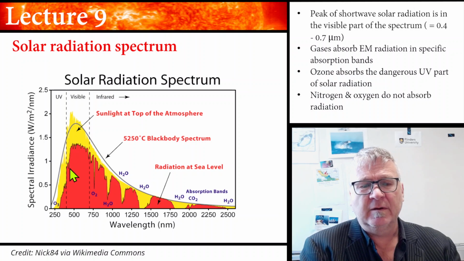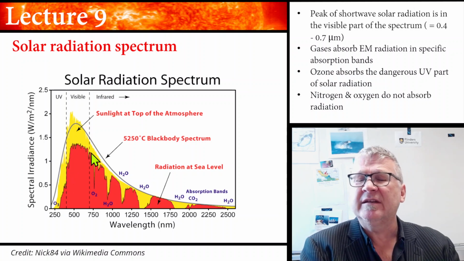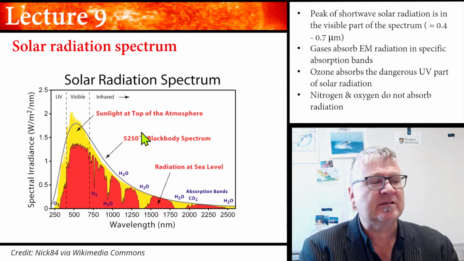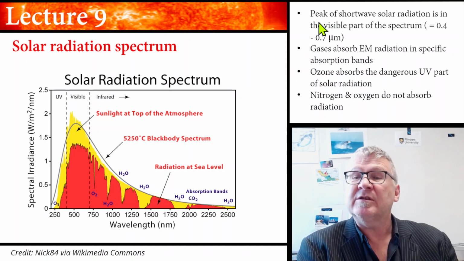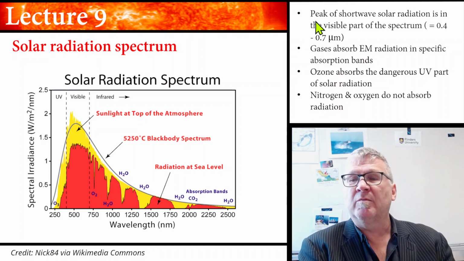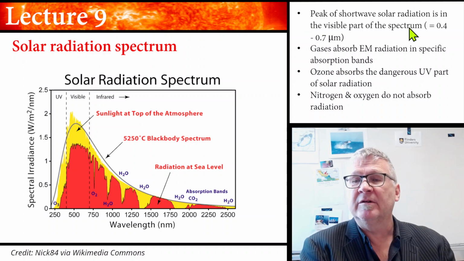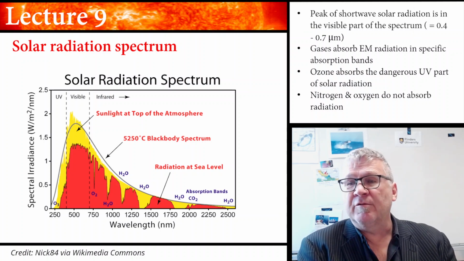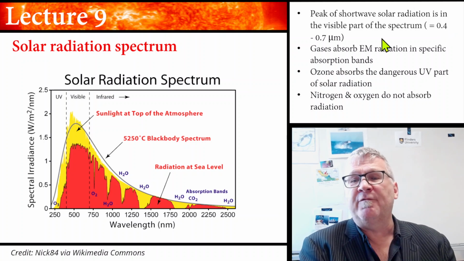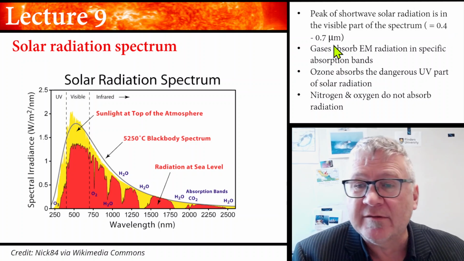Before I discuss the details of this red curve, let's just start here with a summary. The solar radiation spectrum, the peak of that is in the visible part of the spectrum, at wavelengths in a range between 0.4 and 0.7 micrometers.